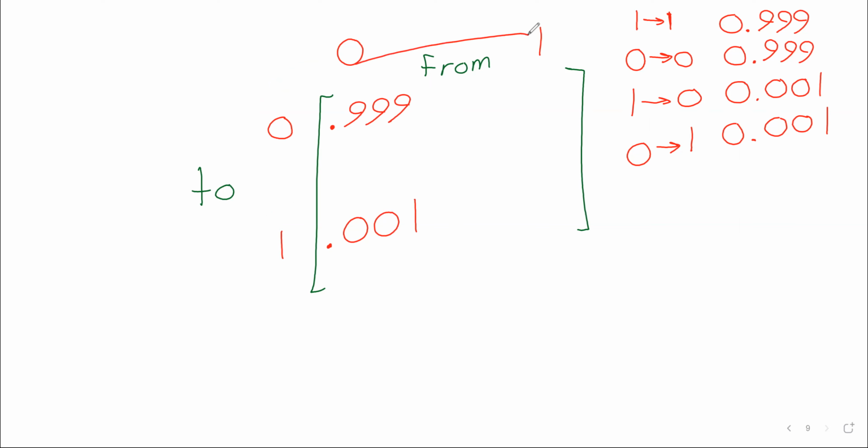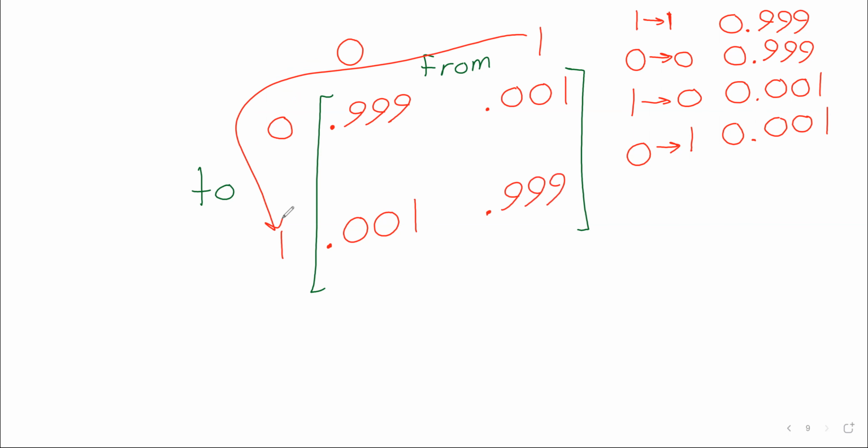The probability of going from 1 to 0 is 0.001. And the probability of going from 1 to 1 is 0.999. And there's our transition matrix.